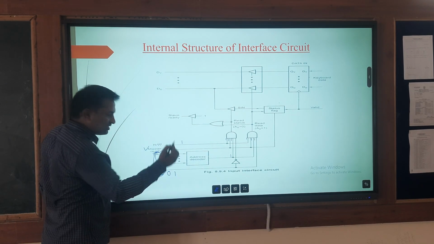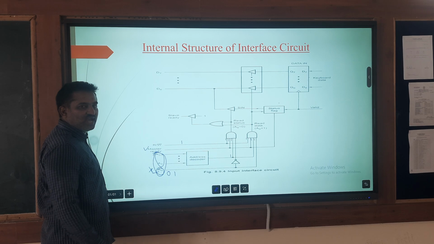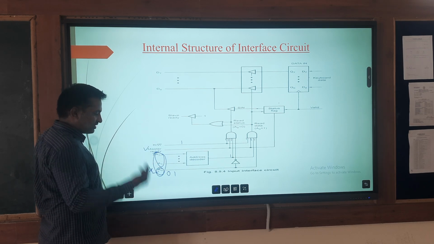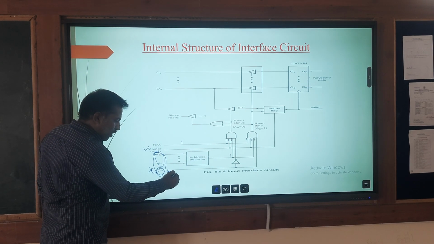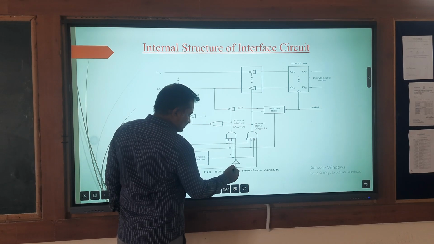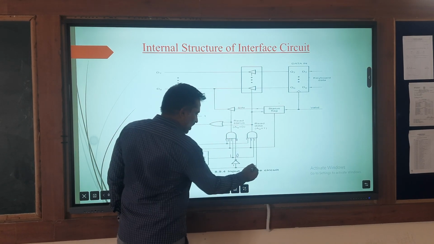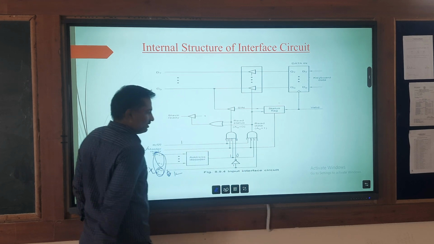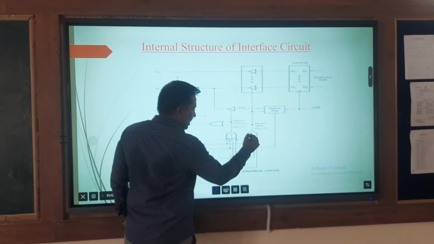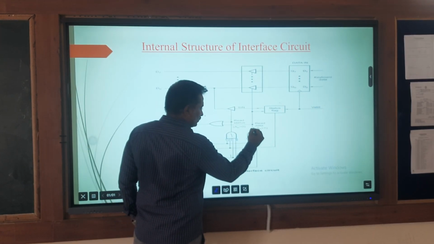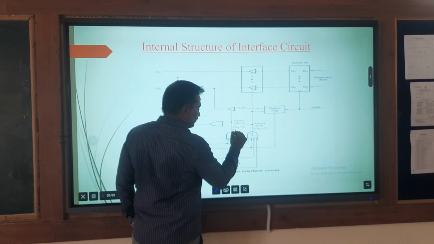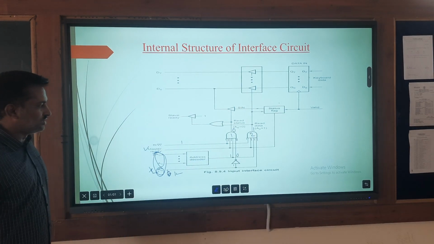Suppose I want to receive the data from the data-in register to the processor, then A0 is equal to 1. Then this is 1, this is 0, then this is 0. This is 1 and it becomes 1. See my dear friends, the output of AND gate 2 is 1 and the output of AND gate 1 is equal to 0.